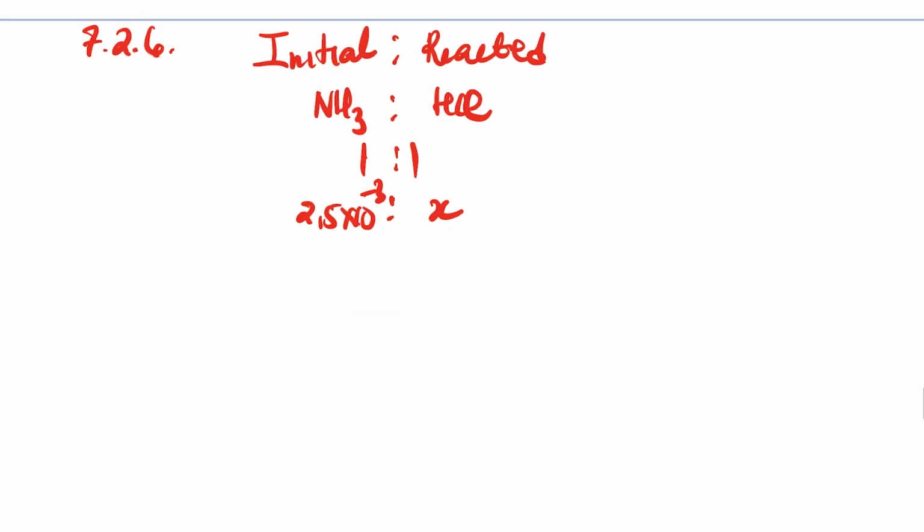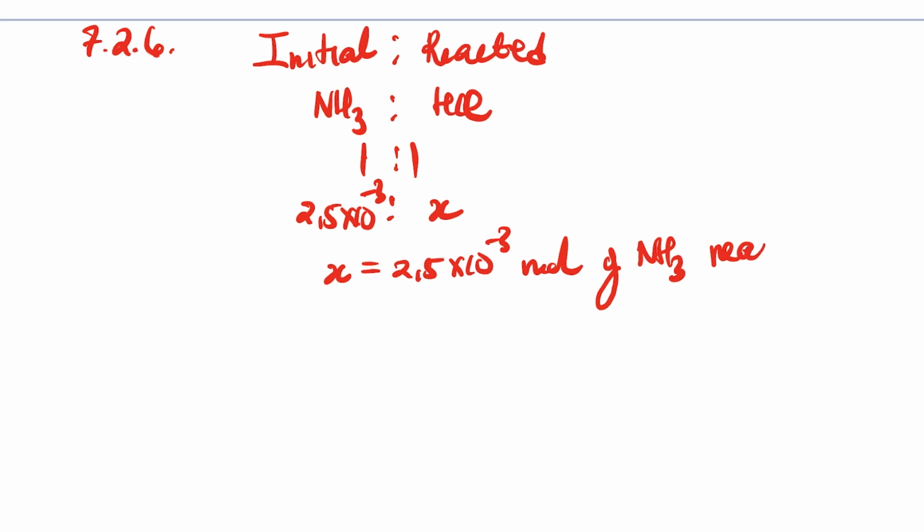And if the ratio is 1:1, that means X is 2.5 times 10 to the power -3 mole. That's the amount of NH3, not NH3, the HCl. That's the amount of HCl reacted.